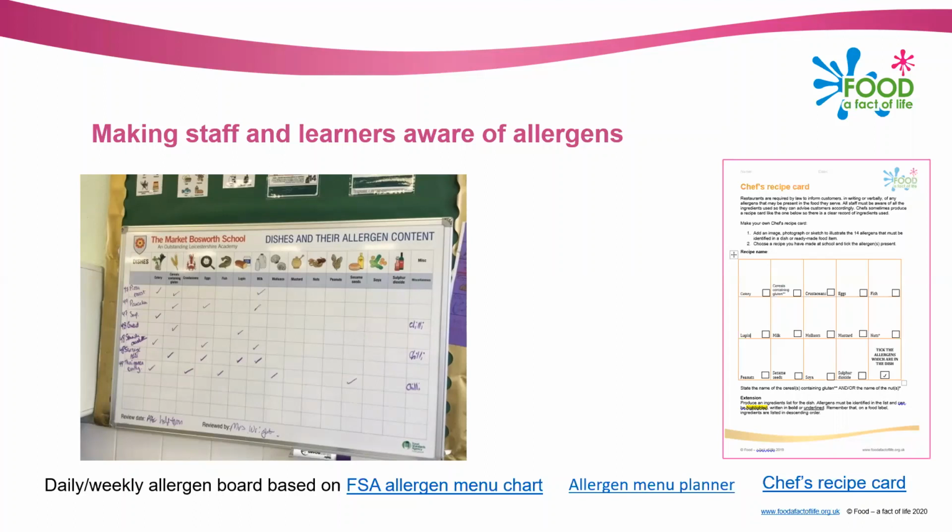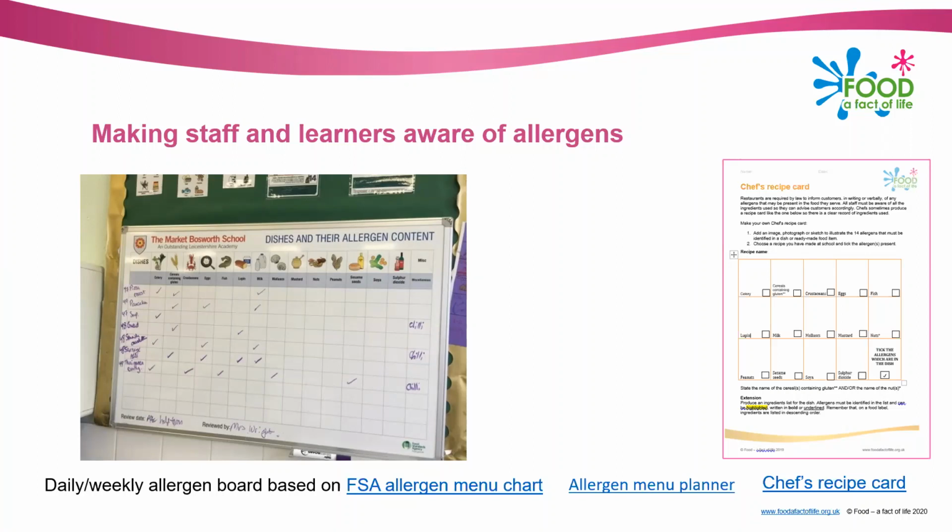Then at the beginning of the week, the technician or the teacher would write on the board the recipes that were going to be made. These were directed recipes, so the recipes that you tell the pupils they're going to be making. For each recipe, the allergen would be identified, and that was put in a prominent place in the practical room so everybody could see it and knew what allergens were in each of the recipes, which I thought was just brilliant.